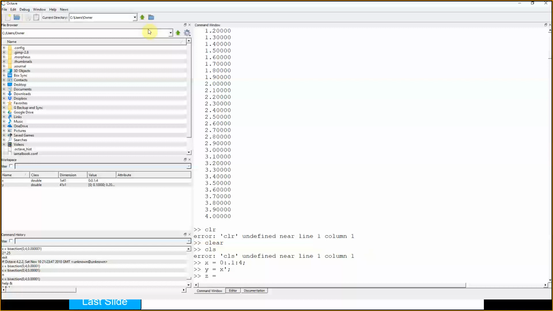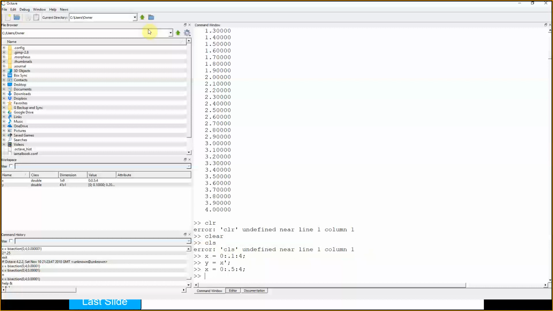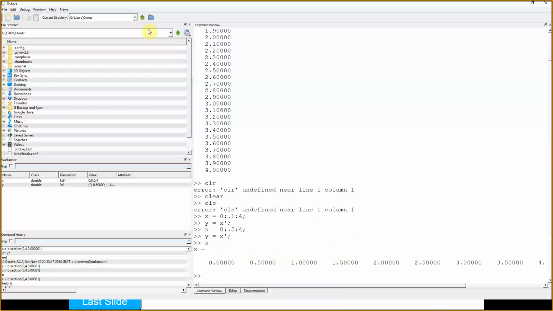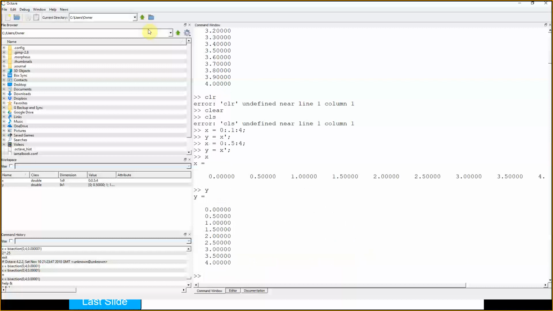Hold on, let me check something. Let me look at X, that's X. Let's look at Y, that's Y. X squared times y.